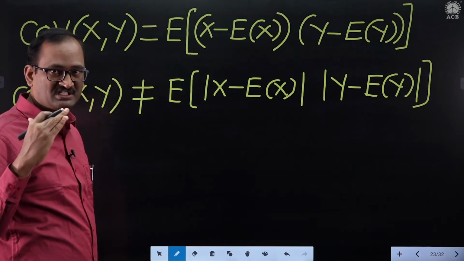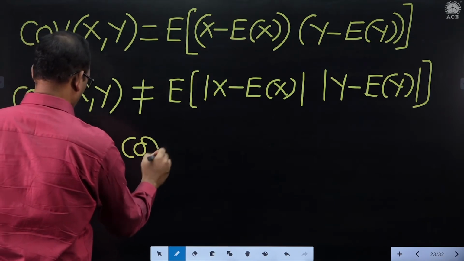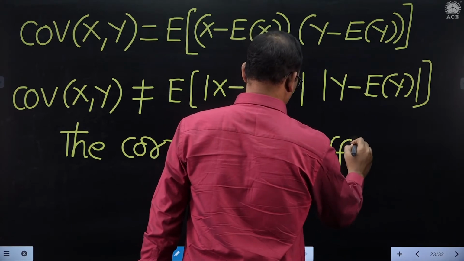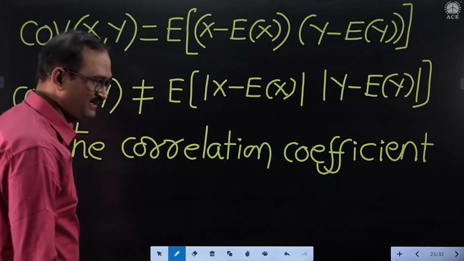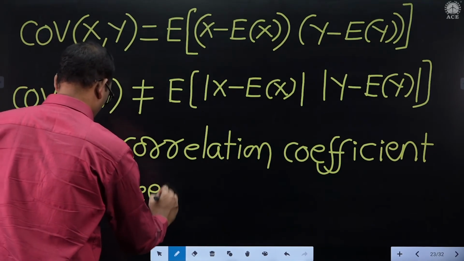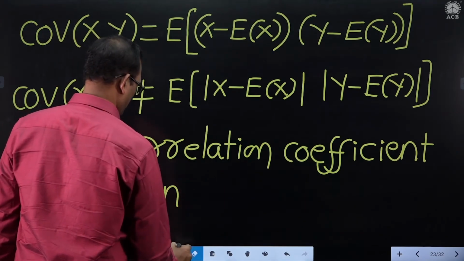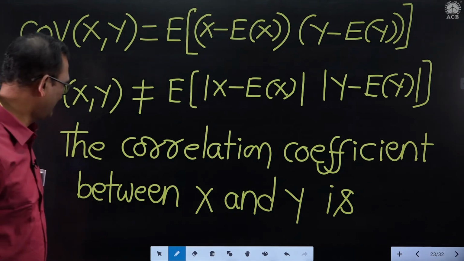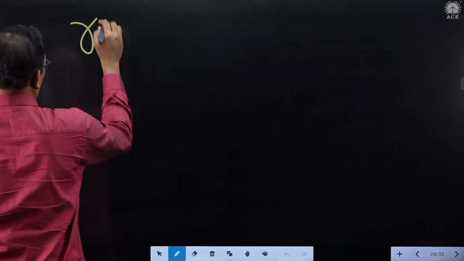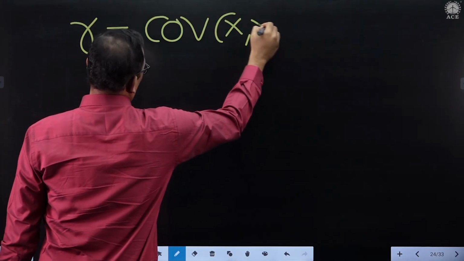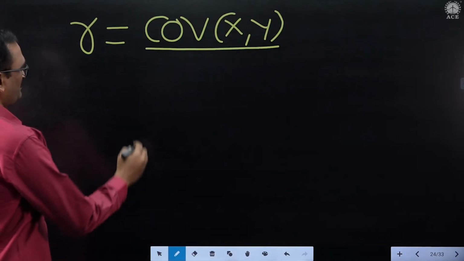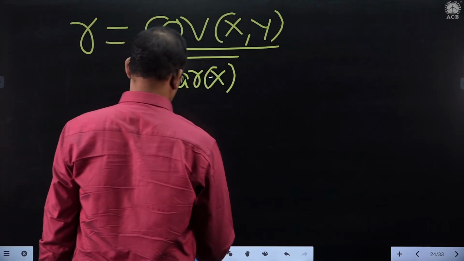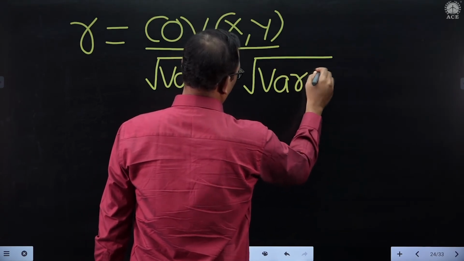The correlation coefficient is denoted by the symbol R. The correlation coefficient between the random variables capital X and capital Y is, let us write, R is equal to covariance of x comma y by square root of variance of x into square root of variance of y.